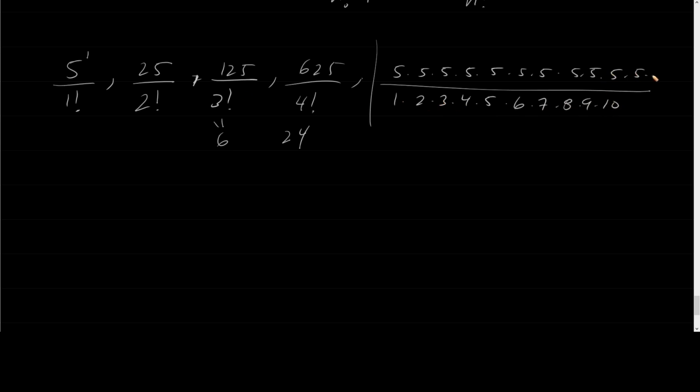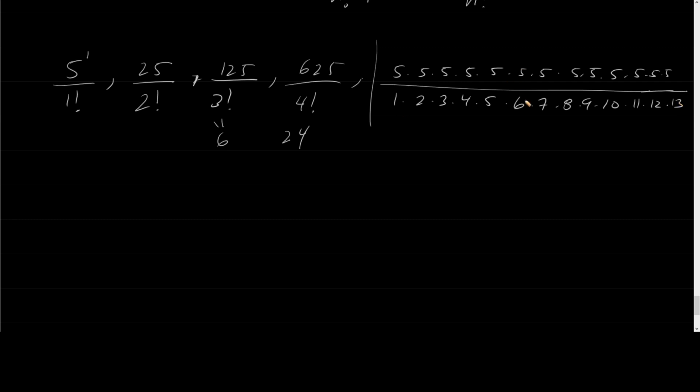Well, what's going to be bigger? Multiplying just 5s or multiplying numbers that get bigger and bigger as we go along, right? Well, it turns out that when you're multiplying just 5s, it's not growing as fast as when you're multiplying by numbers that are getting bigger, right?